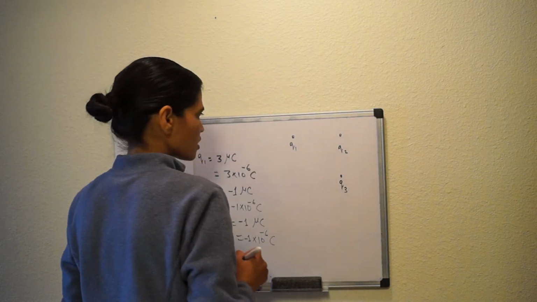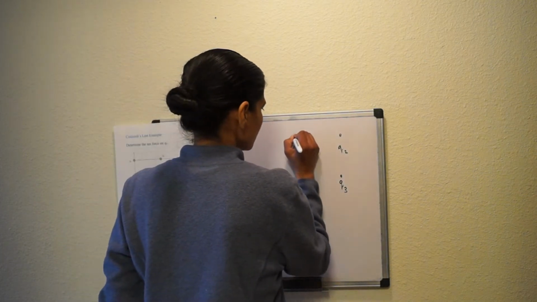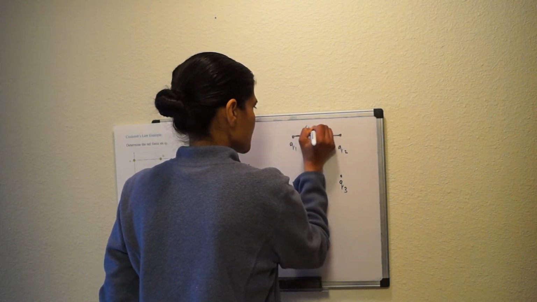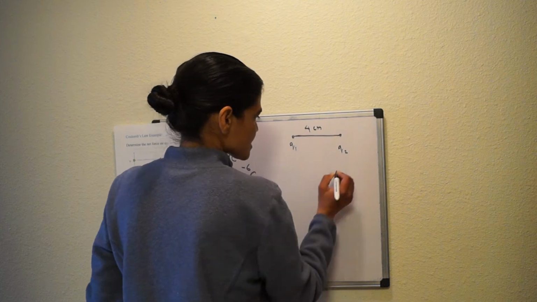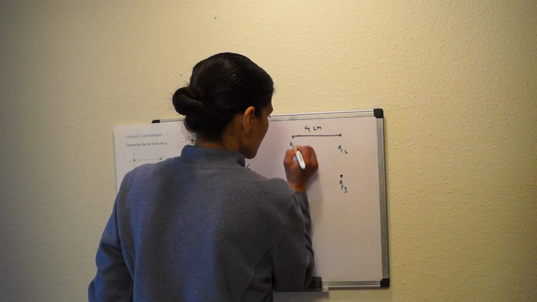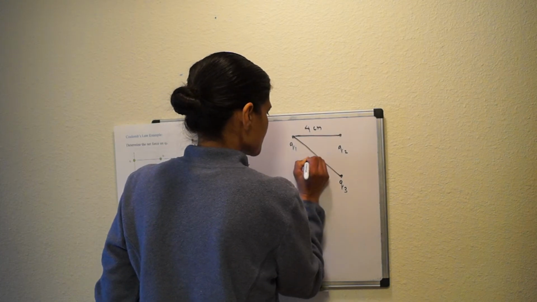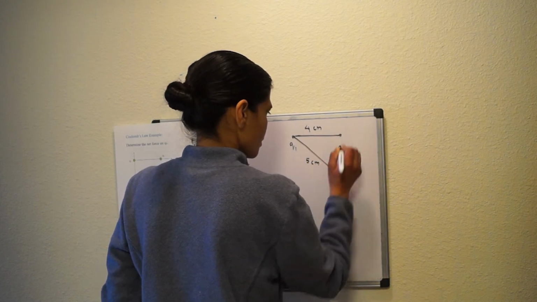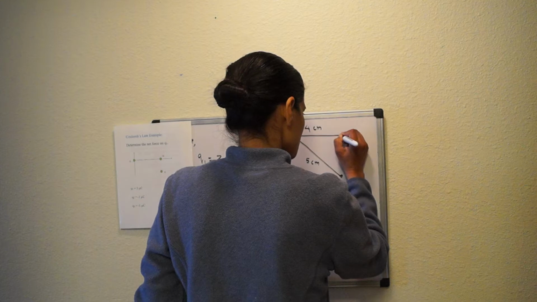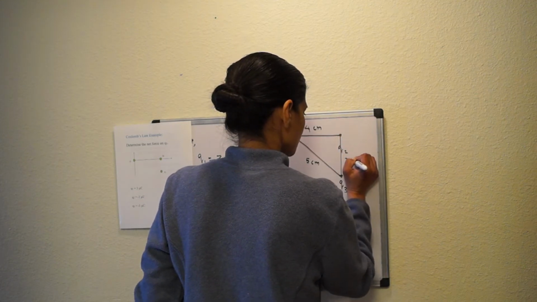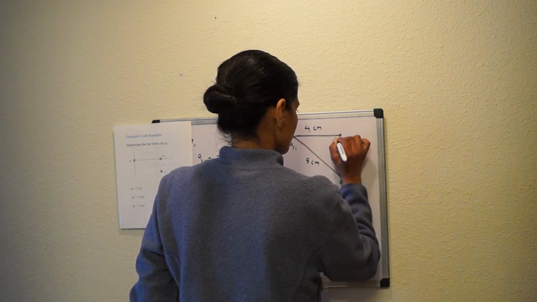The diagram doesn't give distances, so let's say this distance is 4 centimeter, the distance to Q3 is 5 centimeter, and this side to Q2 is 3 centimeter. So you see this is a right angle triangle.